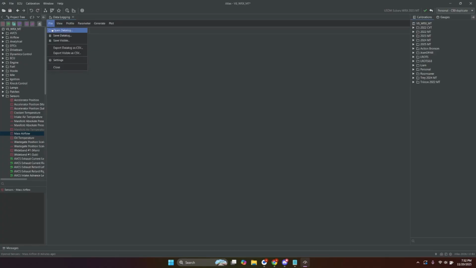The air calculation has no connection to any other sensor. It's just based on the actual calculation. The air calculation is based off of RPM, your manifold absolute pressure, and your volumetric efficiency. Those are the inputs going into it.